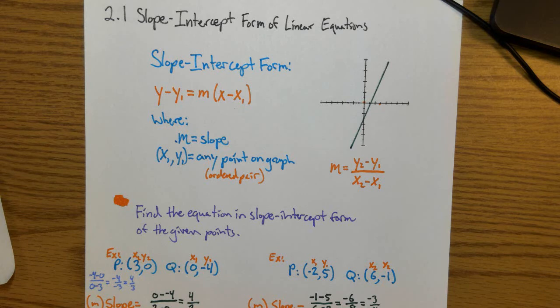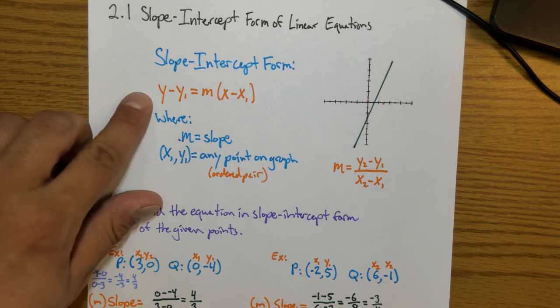There are different forms that we can write linear functions in. One of them, which we've talked about before and usually use, is y-intercept form. If you remember, y equals mx plus b. But today we're going to talk about point-slope form, which is useful to us when we're given points of a function.